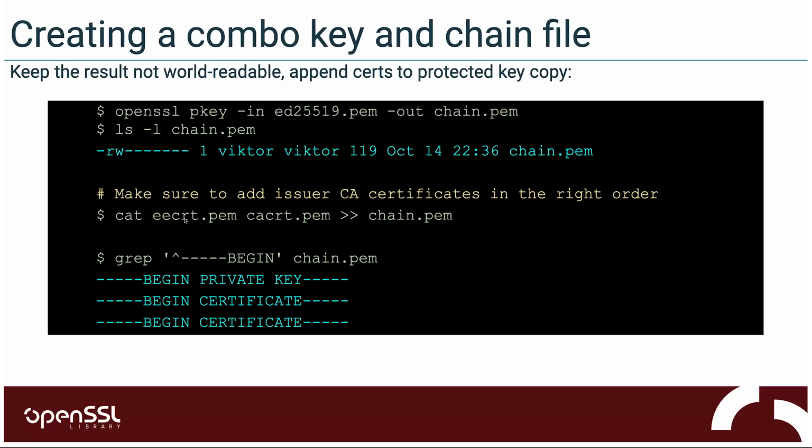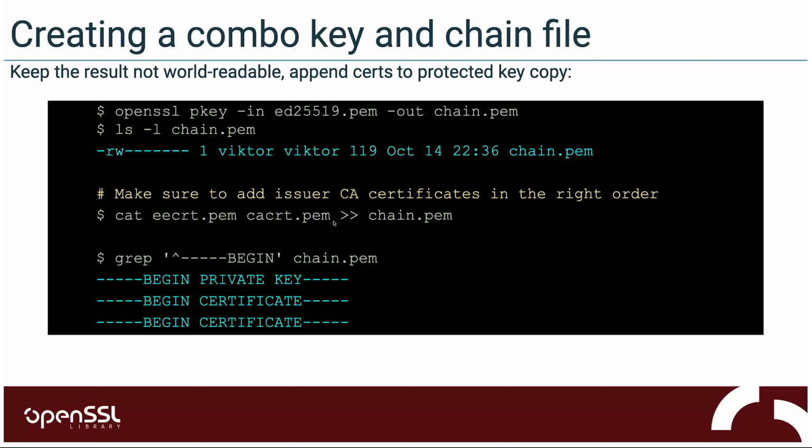And in fact, not only the end entity certificate, but also the issuing CA certificate. In this case, it's the trust anchor, but often it'll be an intermediate CA. I'm not showing you examples that involve a complex CA chain, but it's easy enough to create an intermediate issuing CA. And then you would really want to make sure that the chain file contains not only the entity, but also at least all the intermediates and optionally the trust anchor.